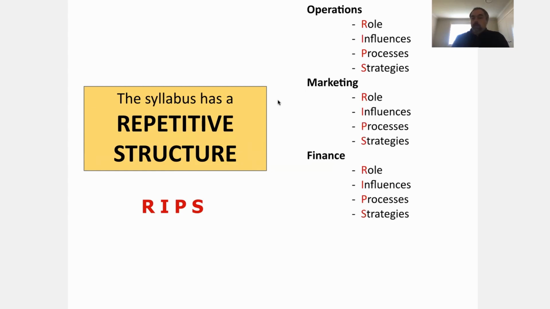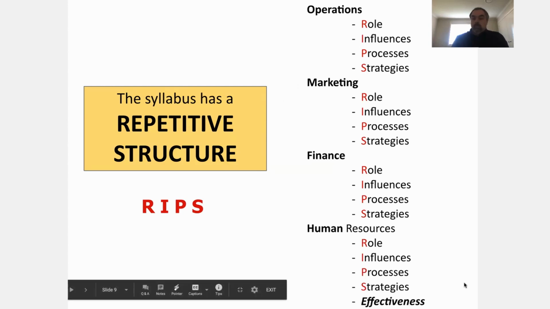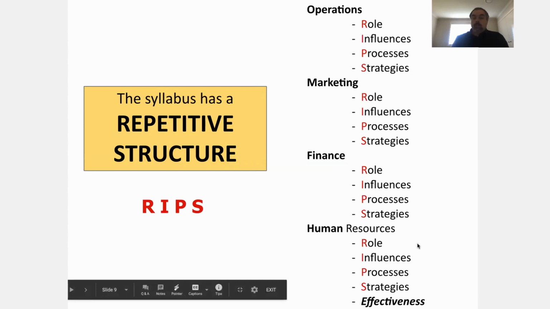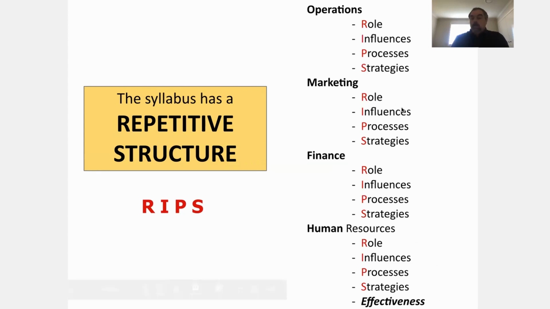The only exception there is the effectiveness component that goes with HR. I've just mentioned that, but you can see that each topic has the 4 areas and HR has the additional area there.